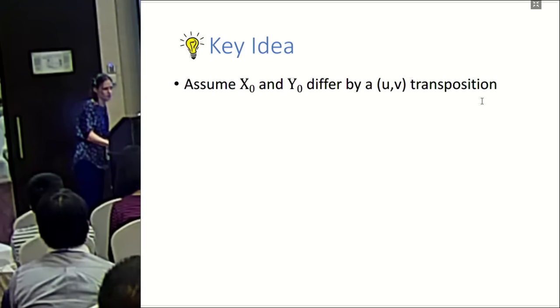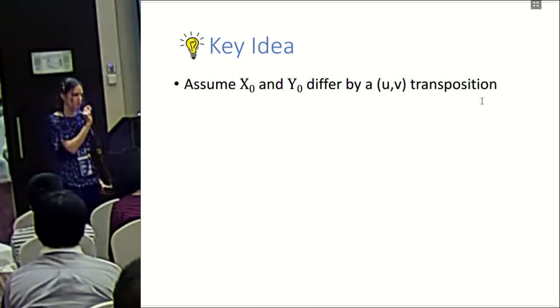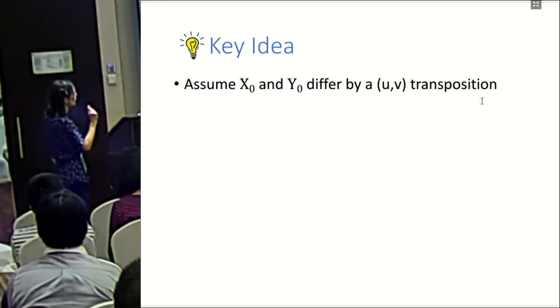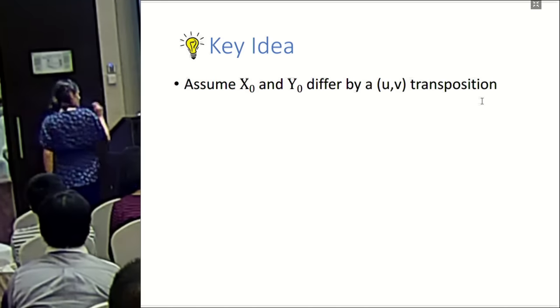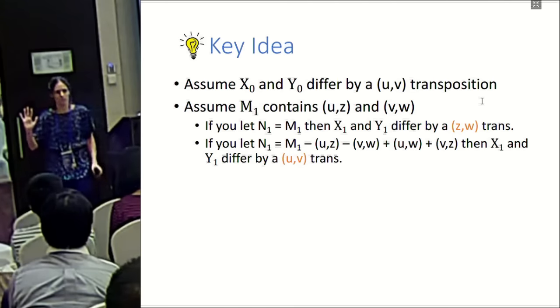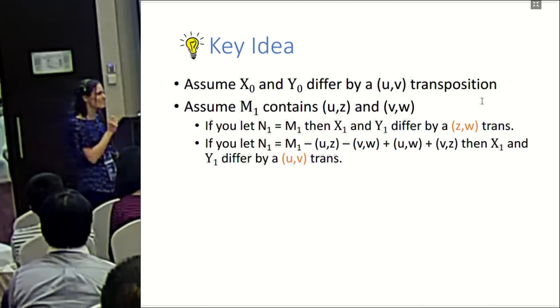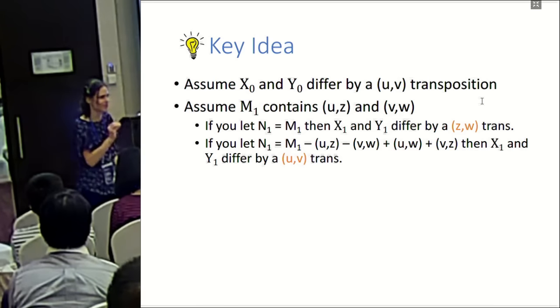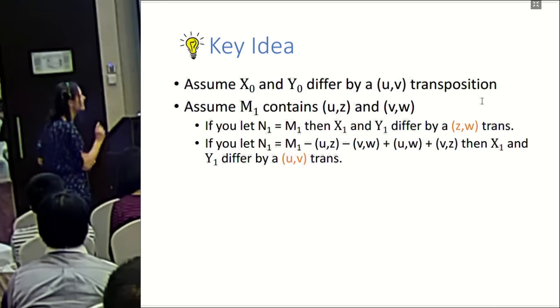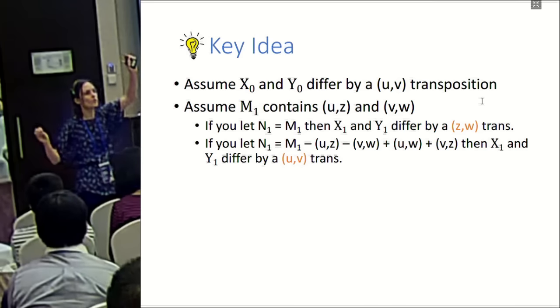So here's the idea. Since these two processes start by differing by a single transposition, if we get that particular transposition, we're golden. But that's not very likely to occur. That's our problem. But what is likely to occur is that our two points, u and v, get matched with other points.